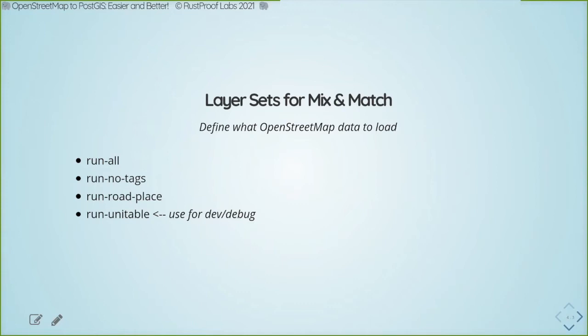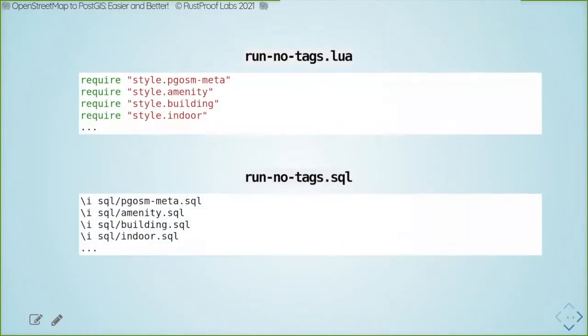And then if you're looking for a minimized data set, there's the road-place layer set that only imports roads and places. And then the unitable loads everything into one giant table. It's not intended for any sort of production use, but it's very helpful for debugging and finding why a particular element might not have shown up in a layer that you expected it to.